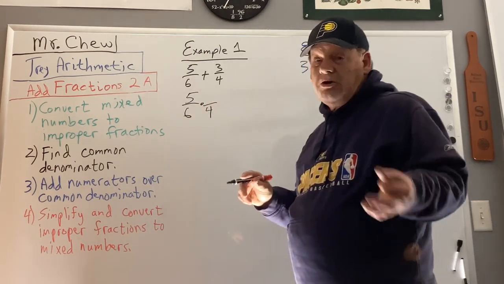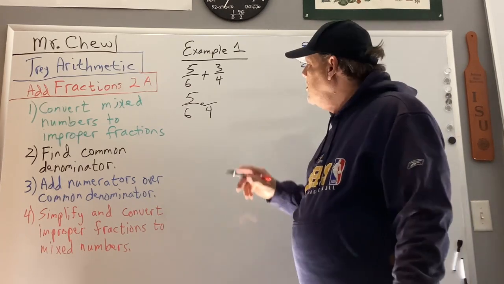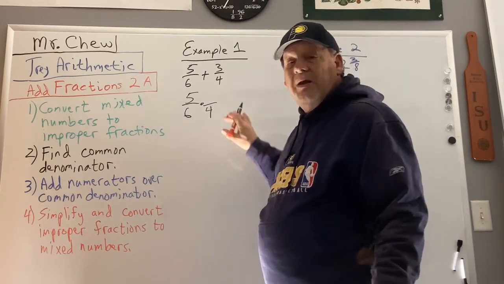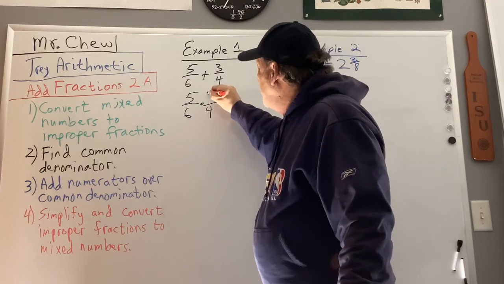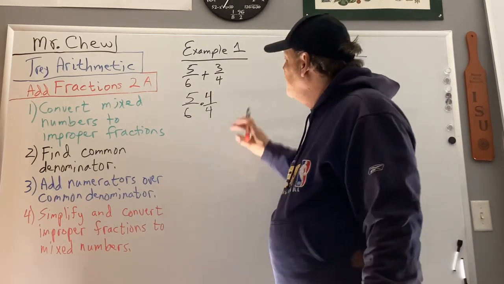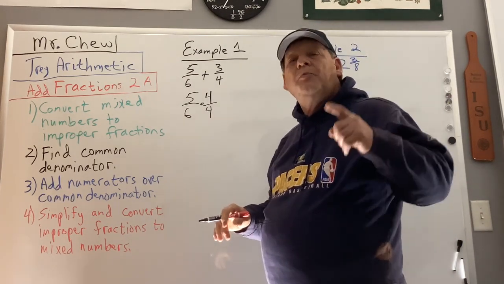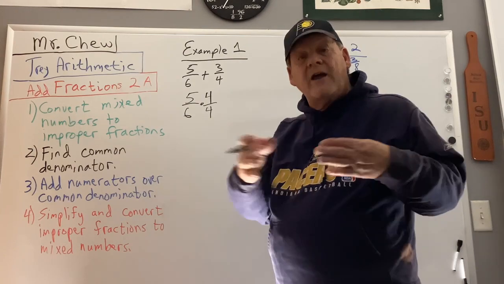And you should have been taught earlier in elementary school that if you multiply the denominator by a number, you have to multiply the numerator by that same number. And here's the reason. Because 4 over 4 is 1. And when you multiply anything by 1, you get that number back.